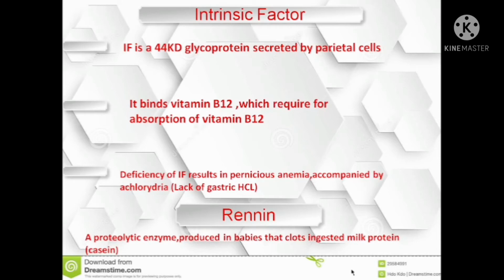Sometimes it's accompanied by achlorhydria. Achlorhydria is lack of gastric HCl, okay? So renin, we also said is produced in the stomach. Renin is a proteolytic enzyme produced in babies. What it does is that it clots ingested milk protein, casein, okay?